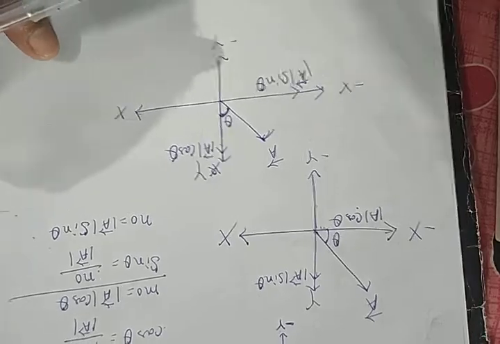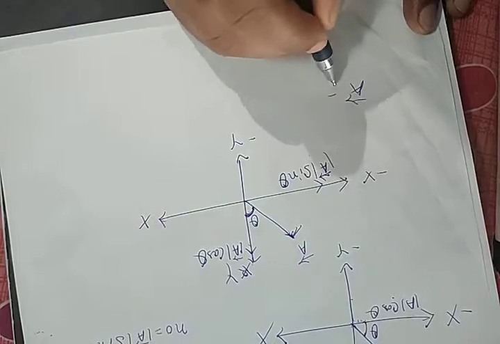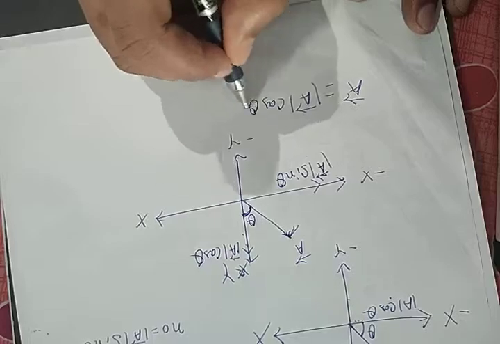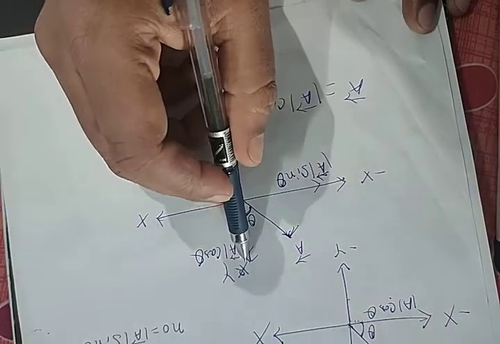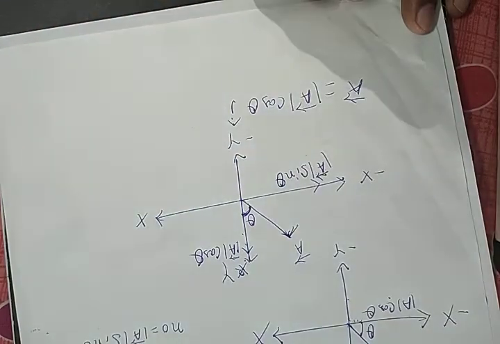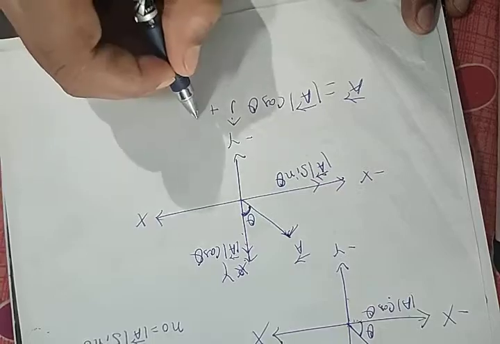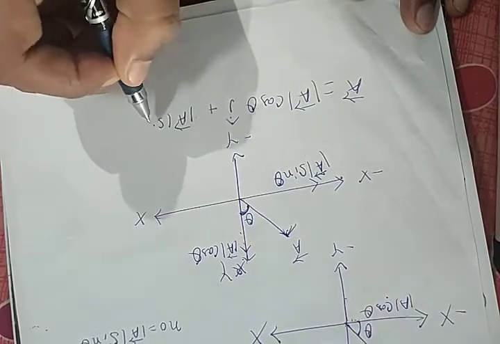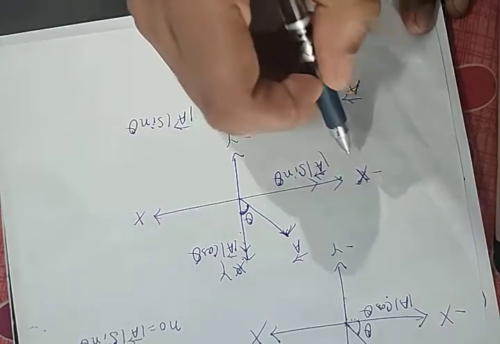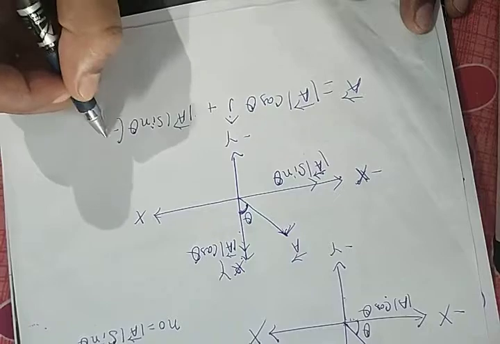So let us practice one or two problems. In general, after breaking this part, you can write that vector A is equal to mod A cos theta, and the cos theta component is along your y direction, and the unit vector along y direction is plus j hat, plus mod A sin theta, and the sin theta component is along your negative x-axis, and the unit vector along your negative x-axis is minus i hat.